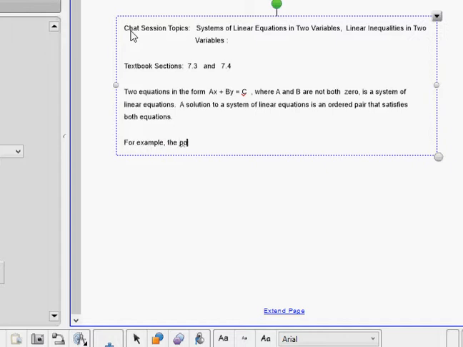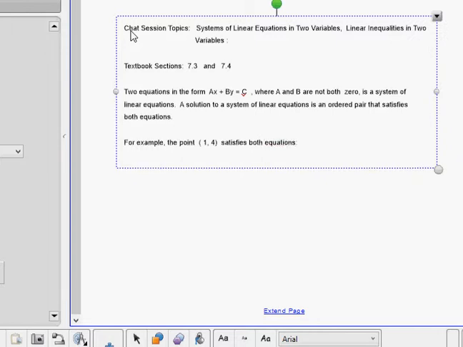For example, the point 1, 4 satisfies both equations 2x plus y equals 6 and 3x minus 2y equals -5.